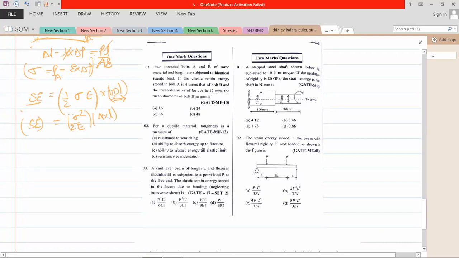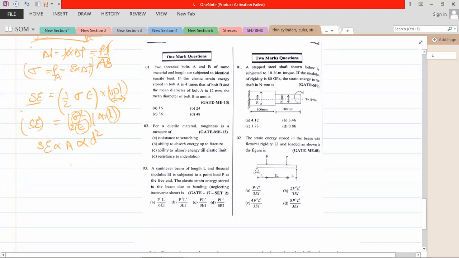It is given that length is same, material is same, and loaded with the same tensile load. So sigma is same, E same, and L is same. That means strain energy is directly proportional to area of cross section, and so directly proportional to diameter square.